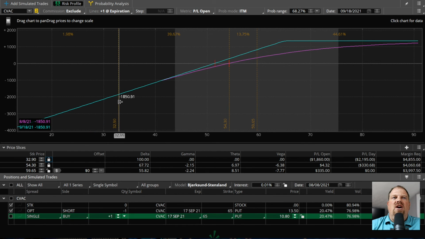But you'll see the loss down here at 32.90 is around $1,800. Now remember that bailout price is set from my initial credit received. So this is misleading because I didn't really receive a $1,350 credit here because of the roll.